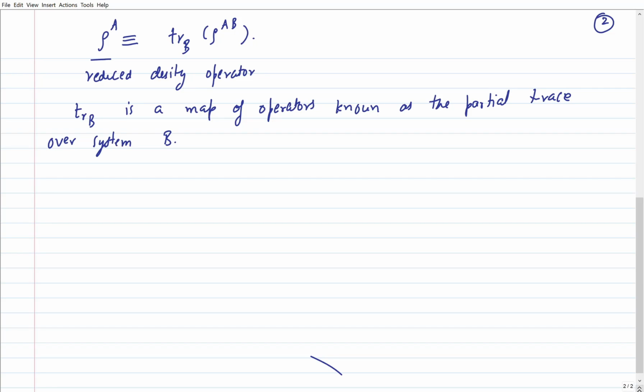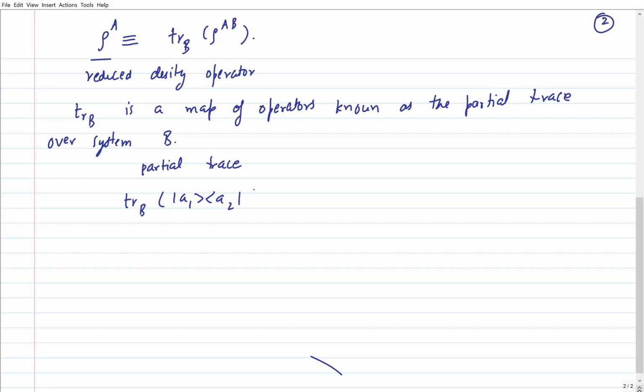By definition, I define the partial trace by trace of B acting on A1, A2.